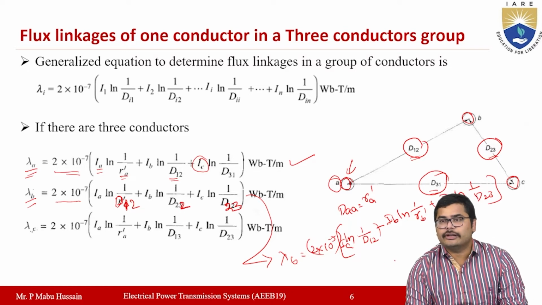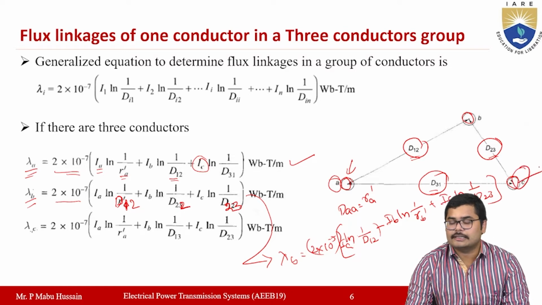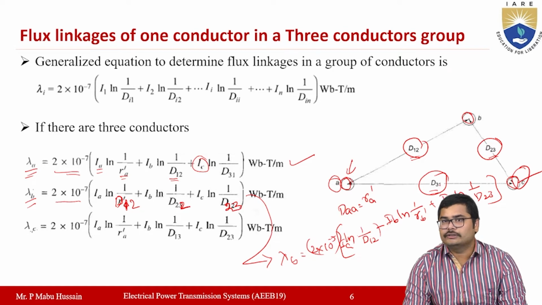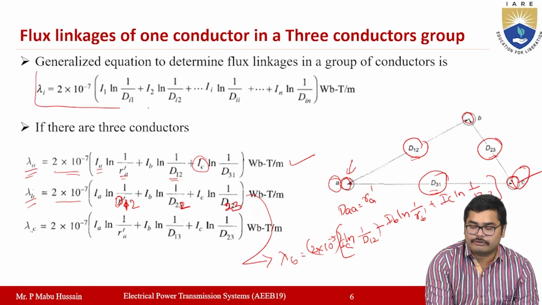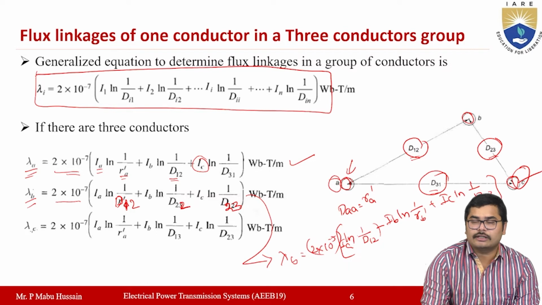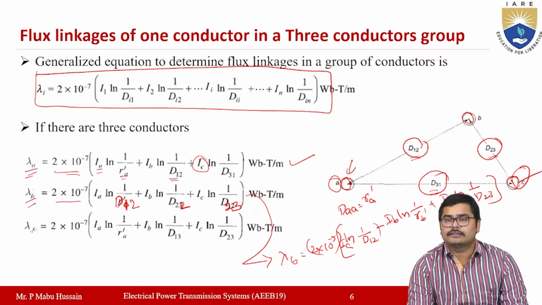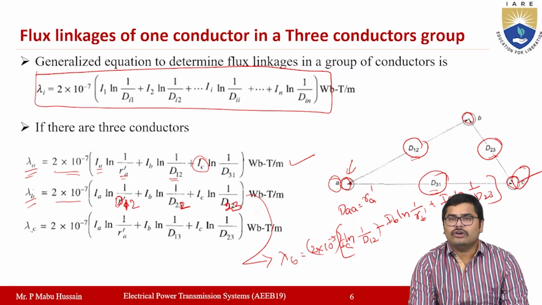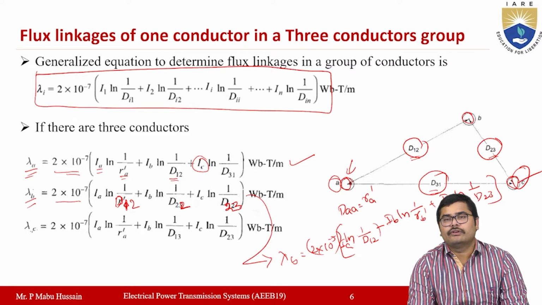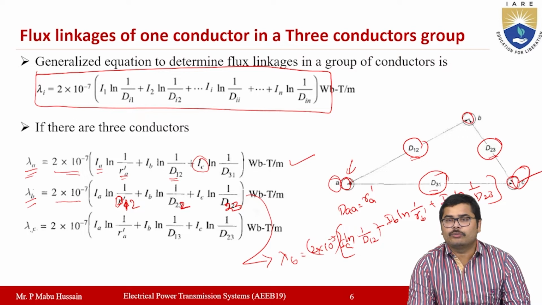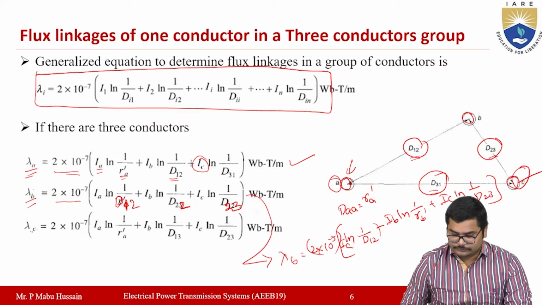Okay. So like this you can write for the conductor C also. Okay. So you have to remember this generalized equation, the flux linkage of either conductor in a group of n conductors. Then you can write the flux linkage of one conductor in any group of conductors. Okay.